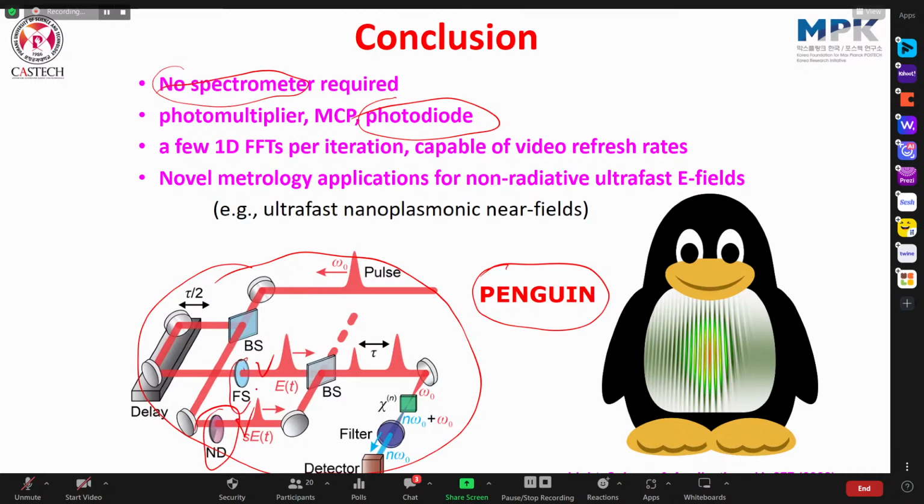You put the fused silica here to compensate the dispersion in the 2 arms, because of the dispersion introduced by the neutral density filter. You need to run the retrieval program, but it's very fast. So you can use it at video rate, and it can be used for non-radiative ultrafast fields such as nanoplasmonic fields and near fields, which do not radiate.